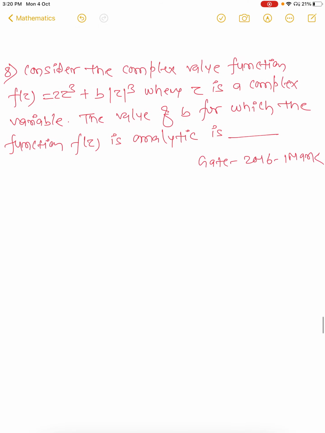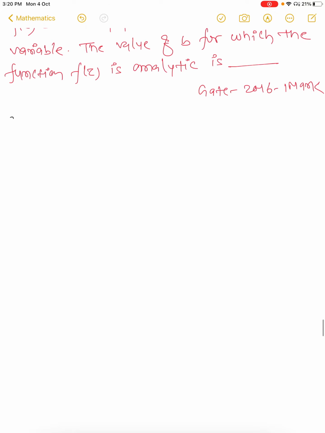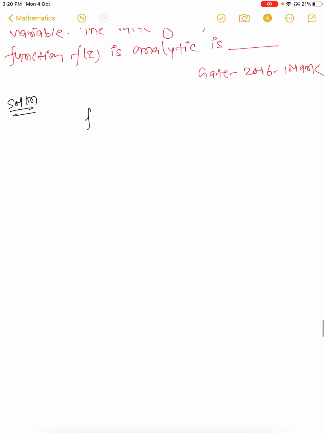Now comes the next question. Consider the complex valued function f(z) equals 2z cubed plus b times mod z cubed, where z is a complex variable. The value of b for which the function f(z) is analytic is to be found.